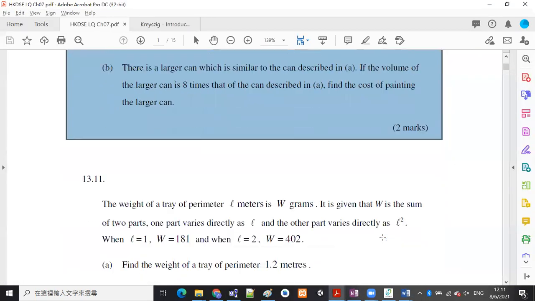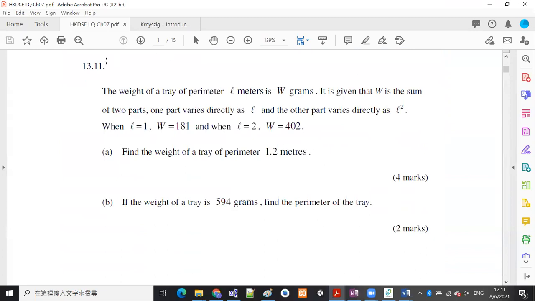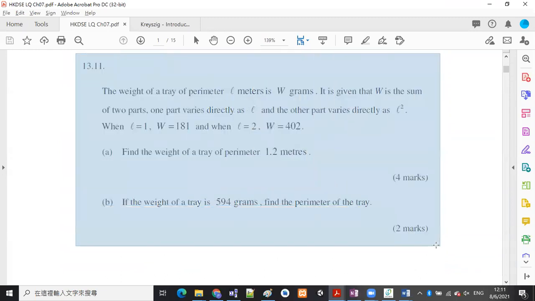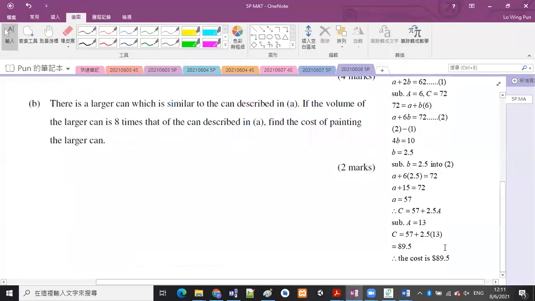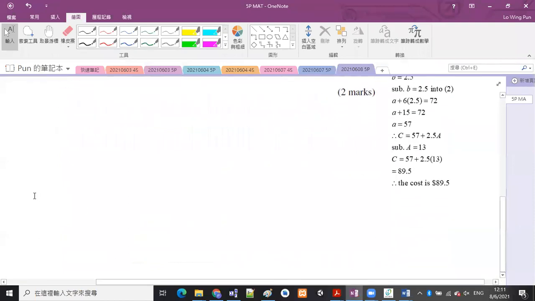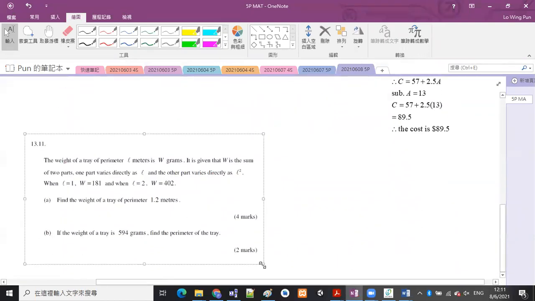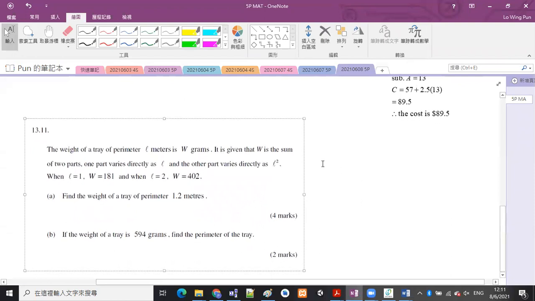Number 13.11. The weight of a tray of perimeter L meters is W grams. Still that W is the sum of 2 parts. Can you highlight the corresponding keywords first?